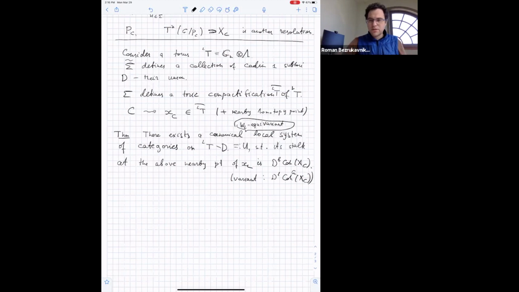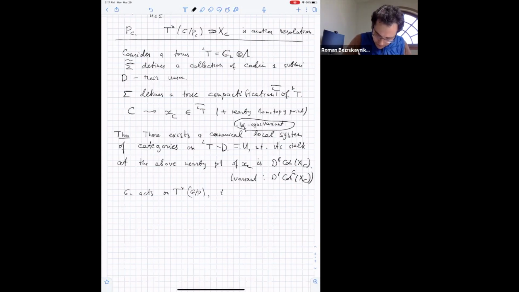There are more symmetries, but I'm particularly interested in this one, where this GM acts by dilation on T star of G of P. So GM acts on T star of G of P by dilating the fiber of the cotangent bundle.